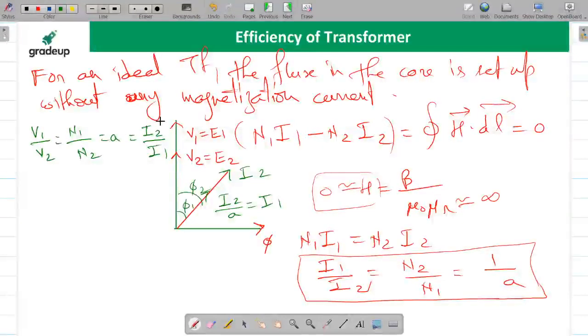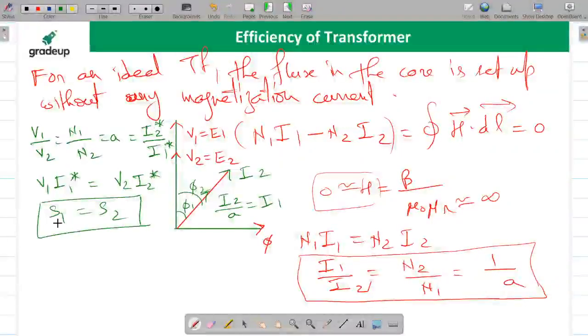Suppose we write this with the complex conjugate, so that V1 I1 complex conjugate is equal to V2 I2 complex conjugate. So this is the primary side power, and this is the secondary side power. So for the ideal transformer, this is going to be the case. I hope you all are comfortable with this. Yes or no?